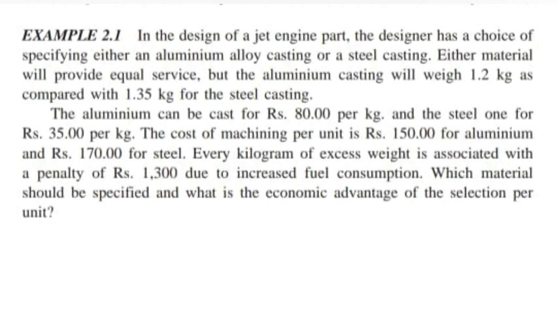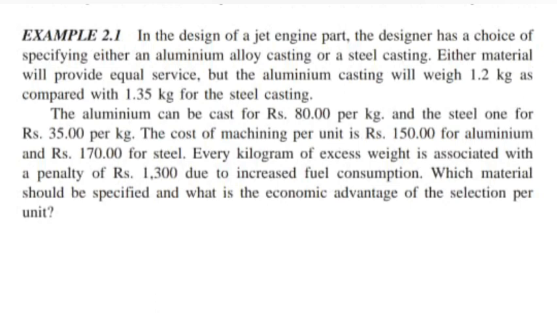So here the steel one is quite lower in price. Then the machining cost per unit is 150 rupees for aluminum and 170 rupees for steel. So here aluminum is quite lower.